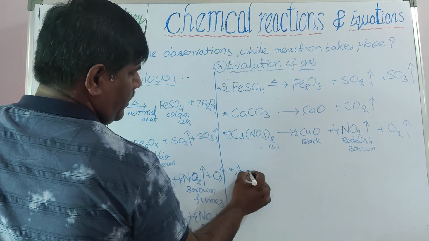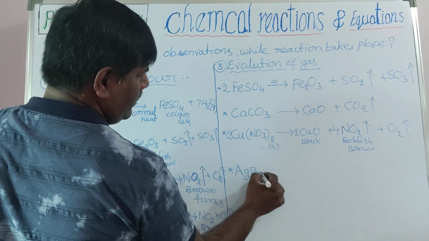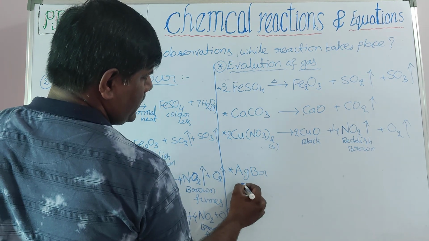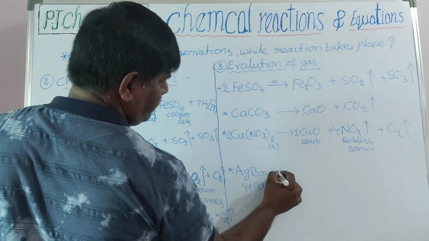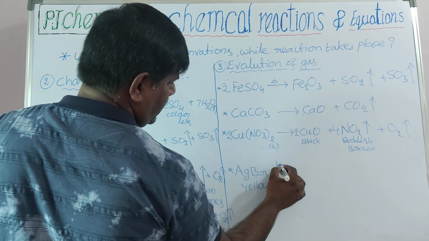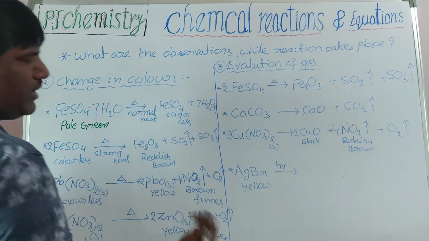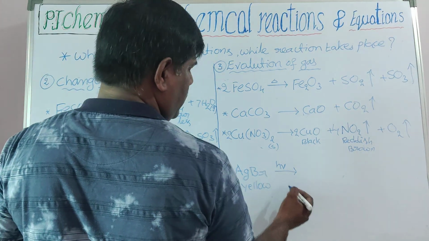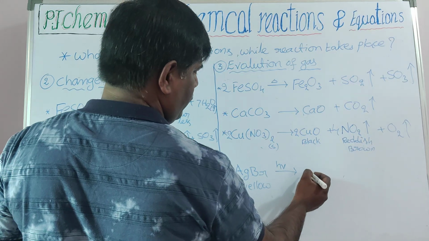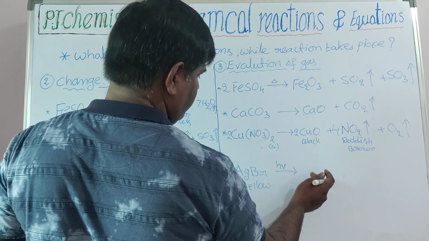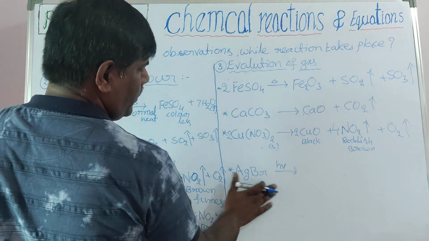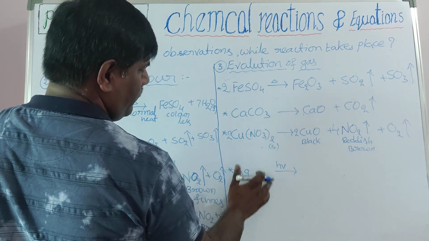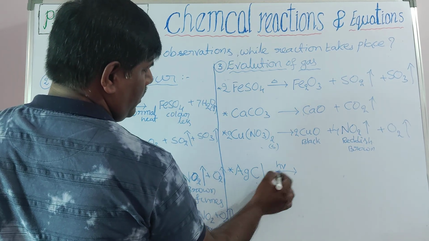Next, silver chloride. Sorry, I first said silver bromide, but bromine is in liquid form, so we will take silver chloride.